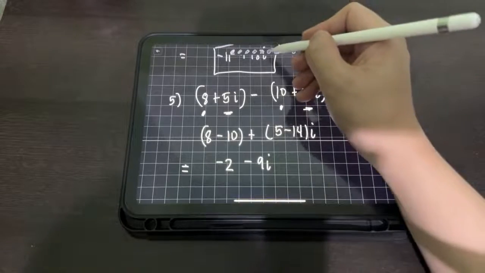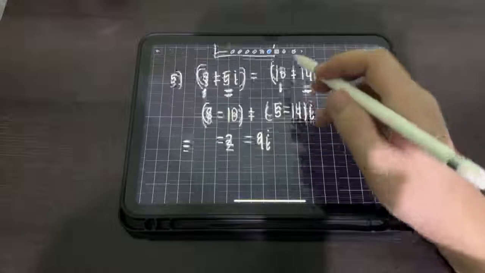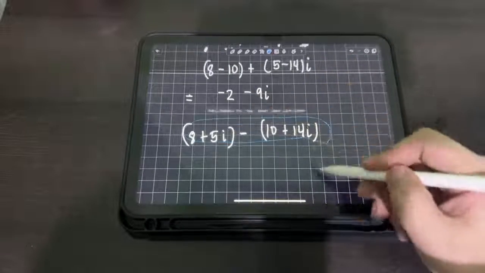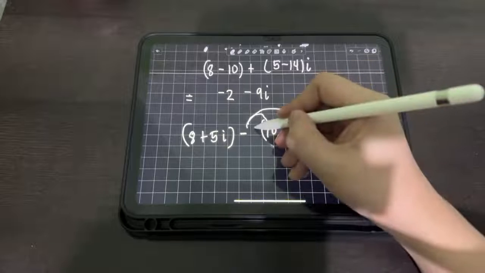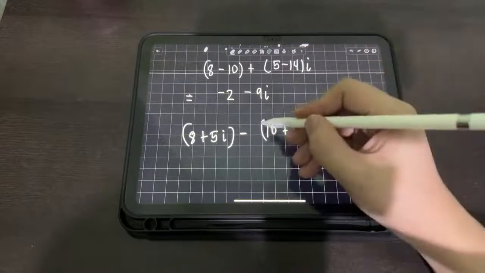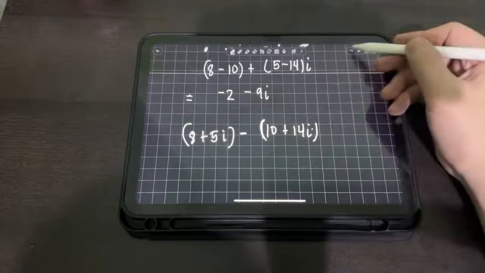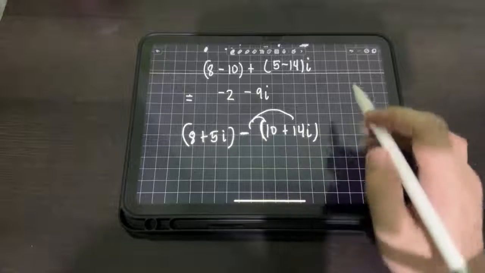Or you can think of subtraction of complex numbers as this. You can just distribute first this negative sign here. It means a coefficient of -1. So you can remove first this parenthesis by distributing this negative sign to each term on the complex number.